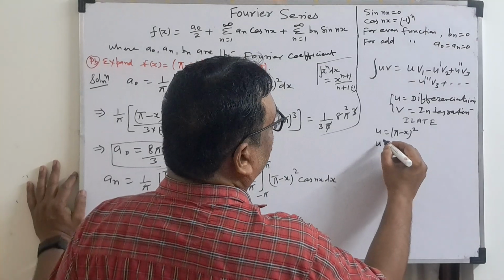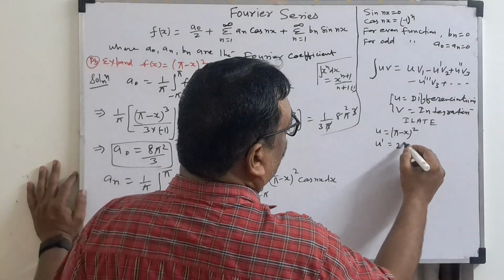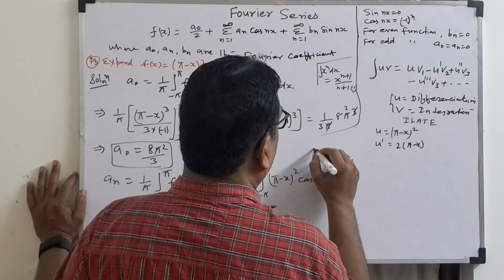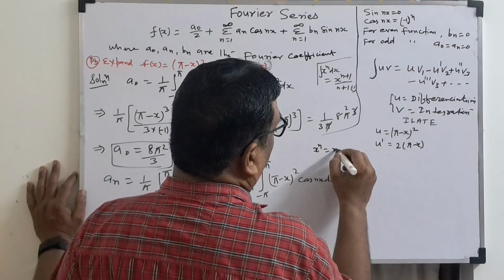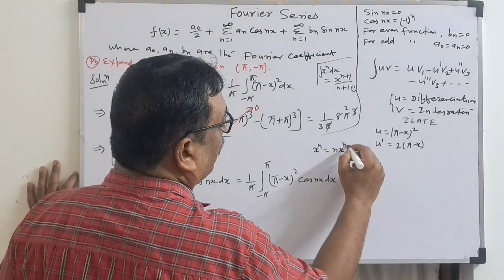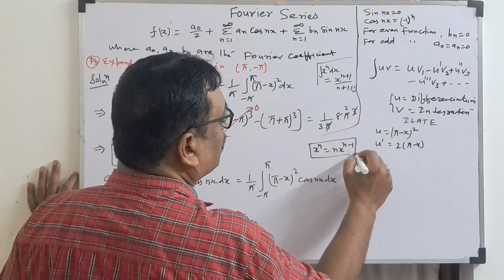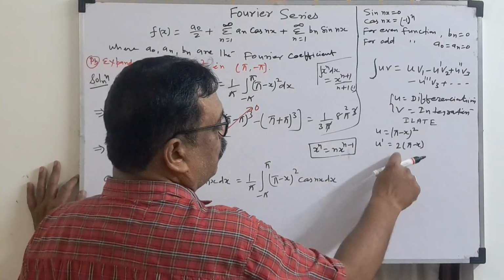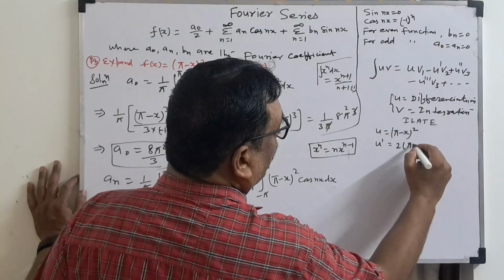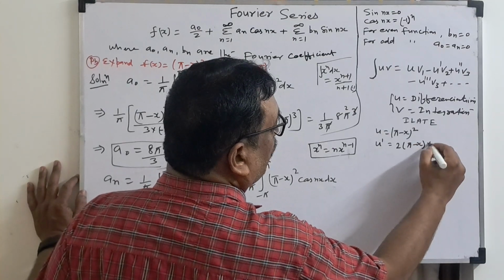So u dash is the differentiation. U dash is 2 (pi minus x) power n minus 1. What is the differentiation of x^n? n x^(n minus 1). So here 2 (pi minus x) into minus 1.